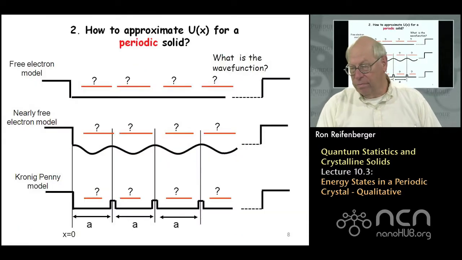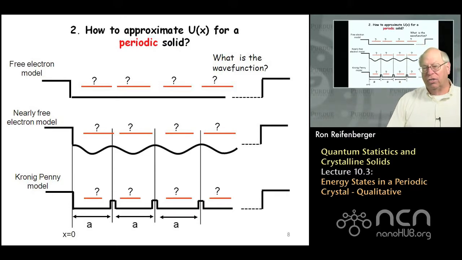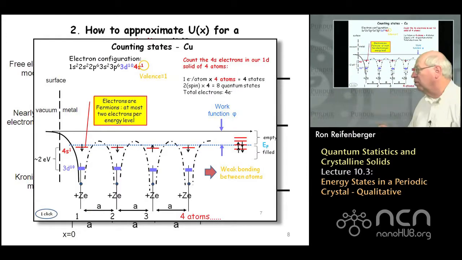calculations. The next topic is how would we better approximate the electrostatic potential energy U of x in this one-dimensional crystal. So U of x is this very complicated function, right? Close to the position of the nucleus, the electrostatic potential has a very sharp, deep discontinuity.